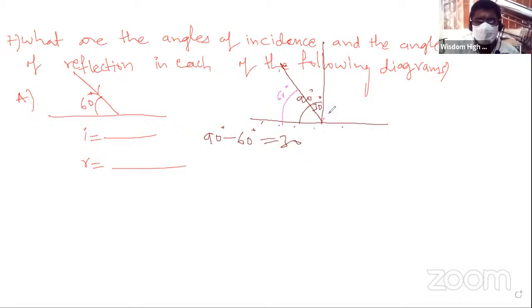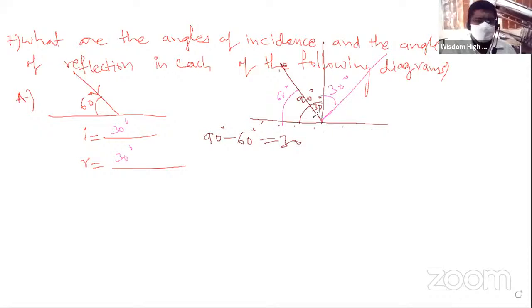According to the first law of reflection of light, angle of incidence equals angle of reflection. So the angle of incidence is 30 degrees and the angle of reflection is also 30 degrees.